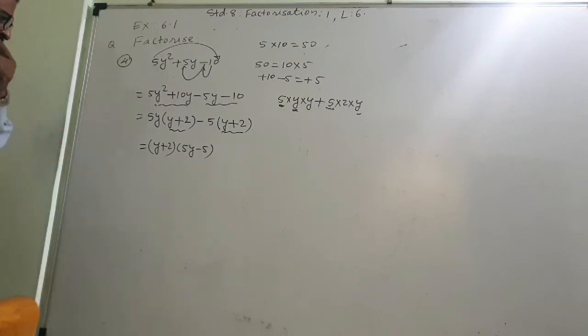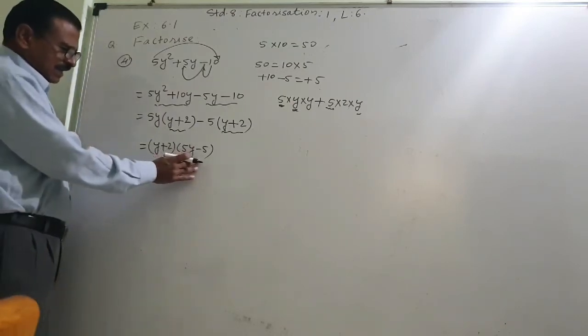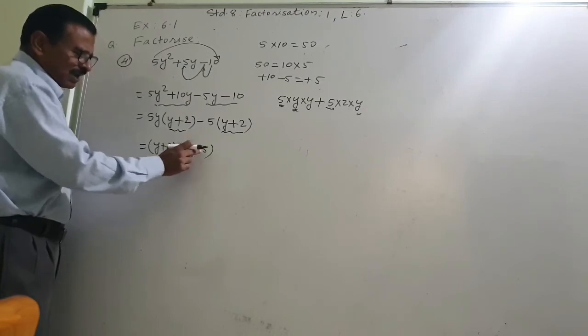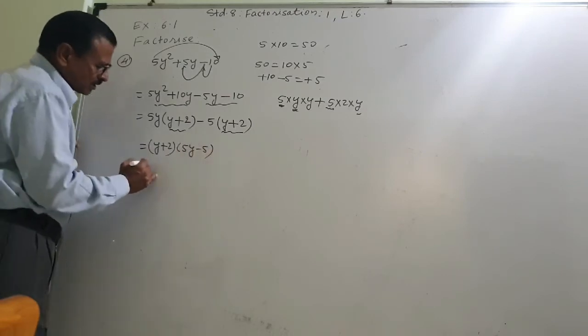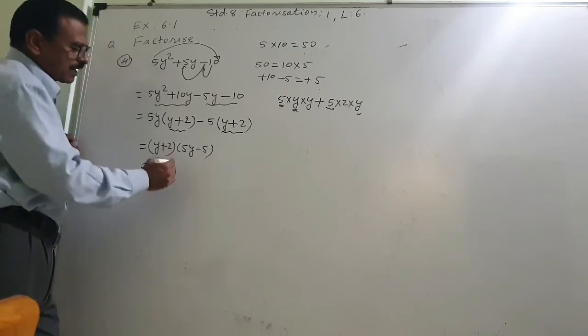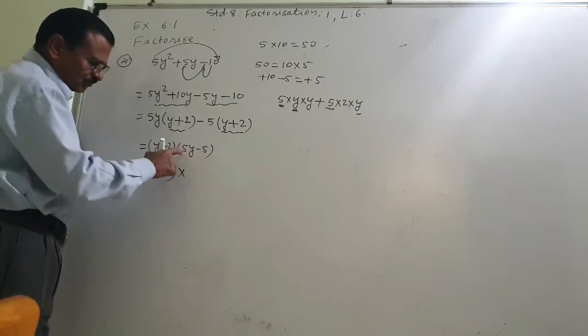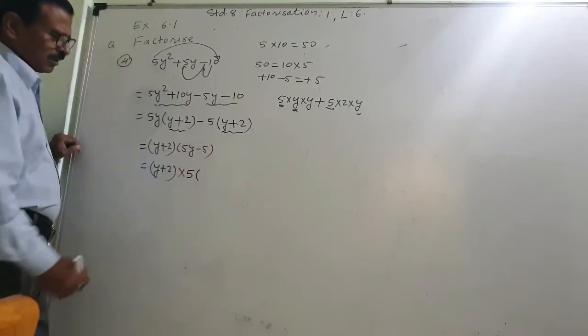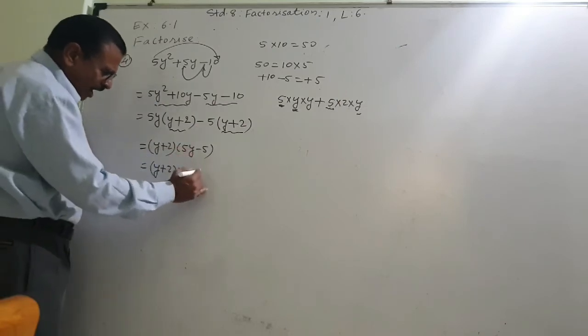So here I can see that 5 again is common, 5 into y and 5 into 1. So this is y plus 2. Here I can take 5 as common. If 5 is taken here, y will remain.